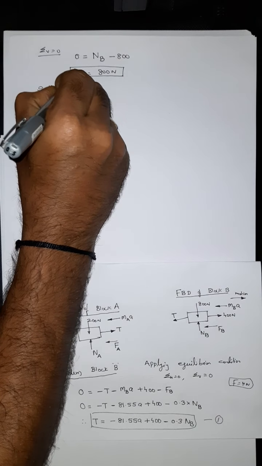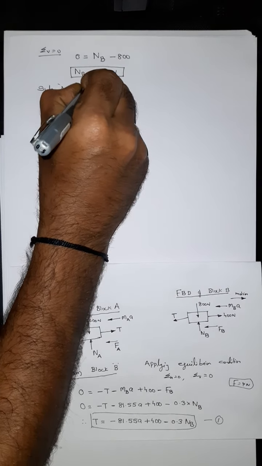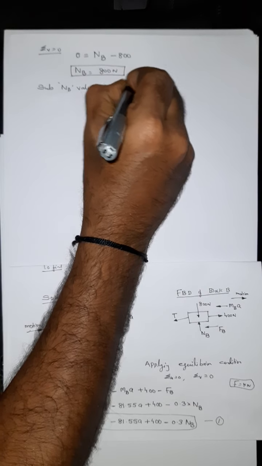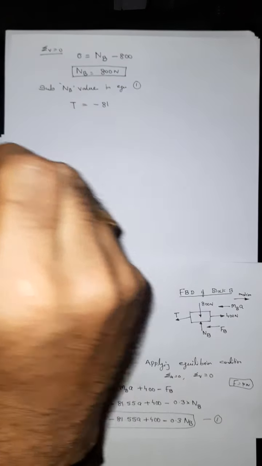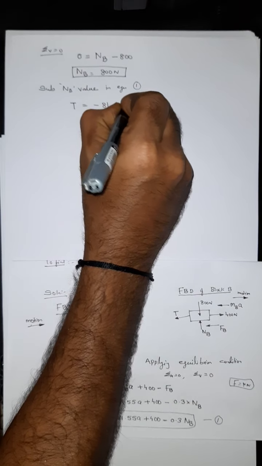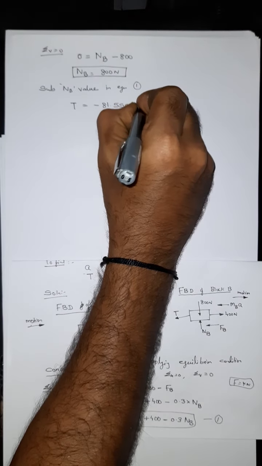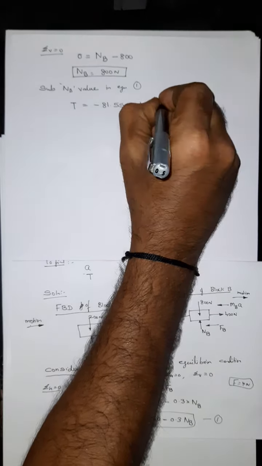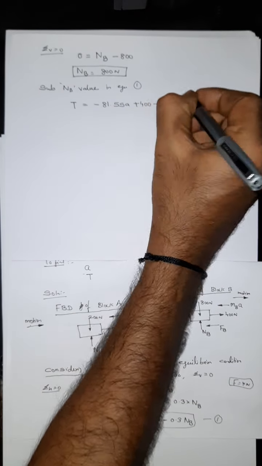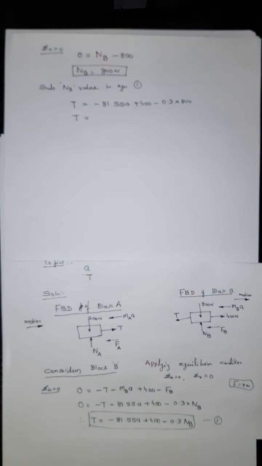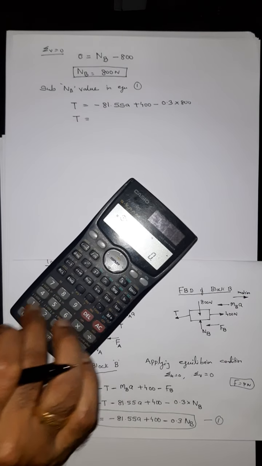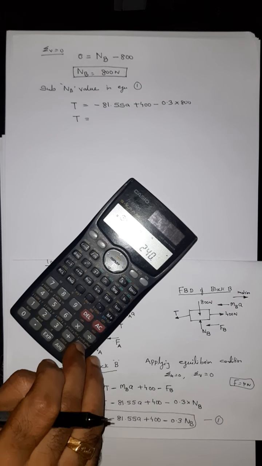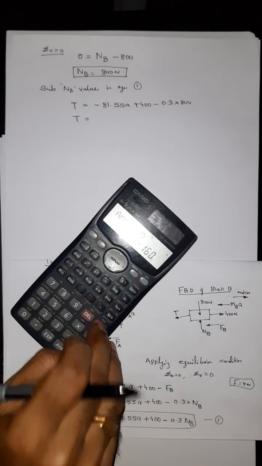Substitute the NB value in equation 1. So T equal to minus 81.55 A plus 400 minus 0.3 into 800. So T equal to minus 81.55 A plus 400 minus 240, which is 160.